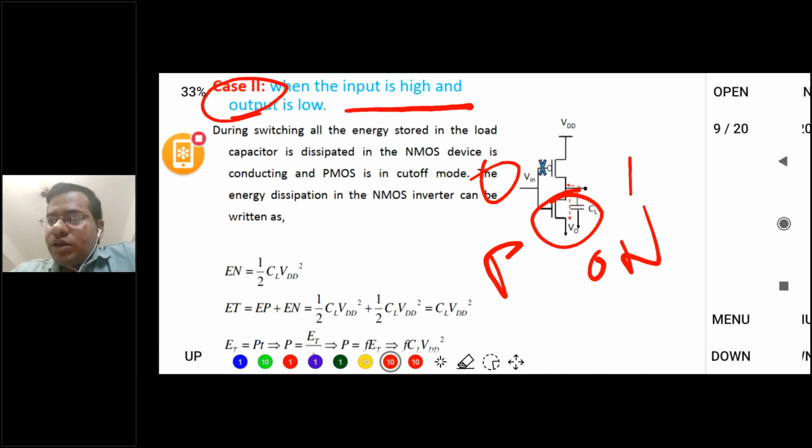This transistor has changed the state from on to off. If the transistor behavior is changed, that means it consumes some power. So this time I assume that this transistor has consumed PN power, but your PP power is 0. It is no issue because this is off state.